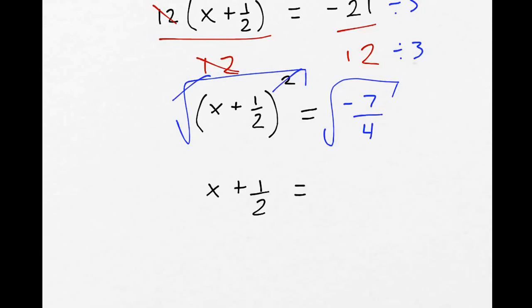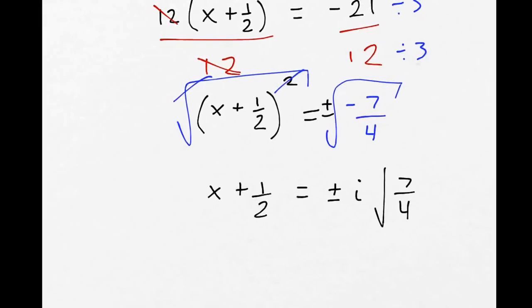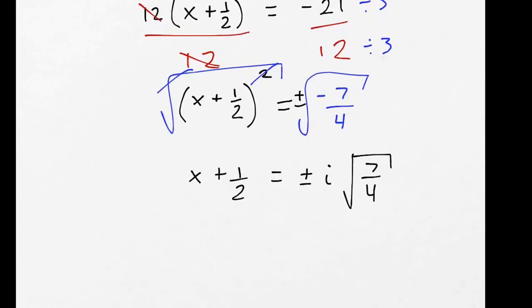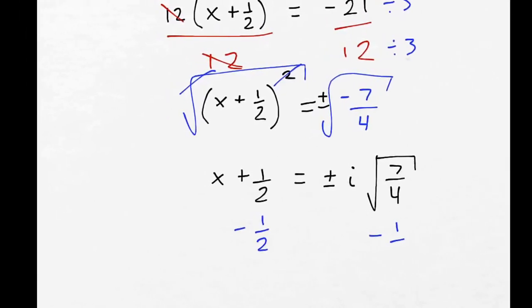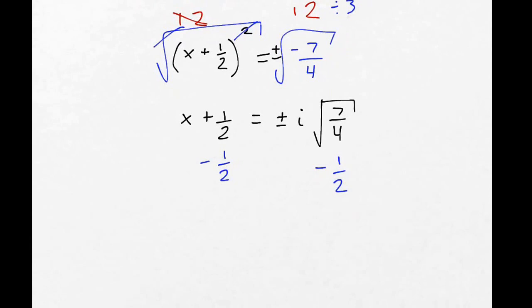I make it into plus or minus i times the square root of 7 over 4. We've done this before. And then I add 1/2. Sweet. Oh, no. I subtract 1/2. We've done all of this before, so that's not so bad. And I'm just going to write negative 1 over 2 plus or minus i times the radical 7 over 4.